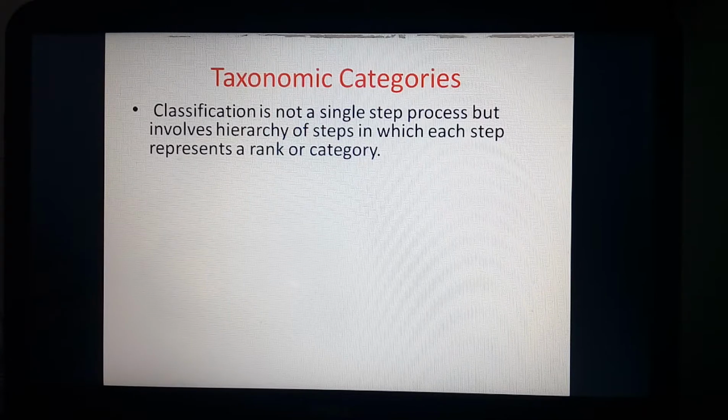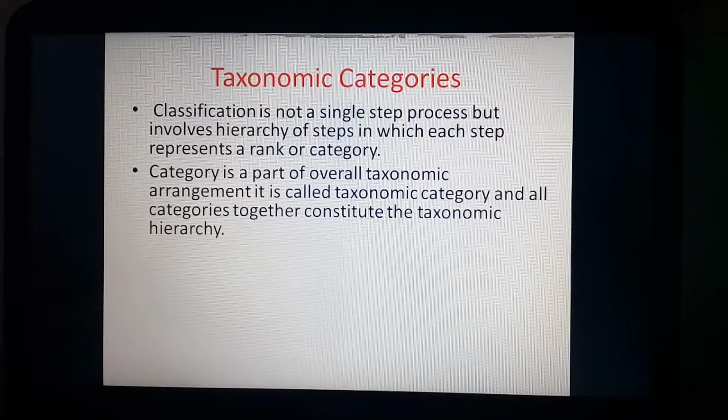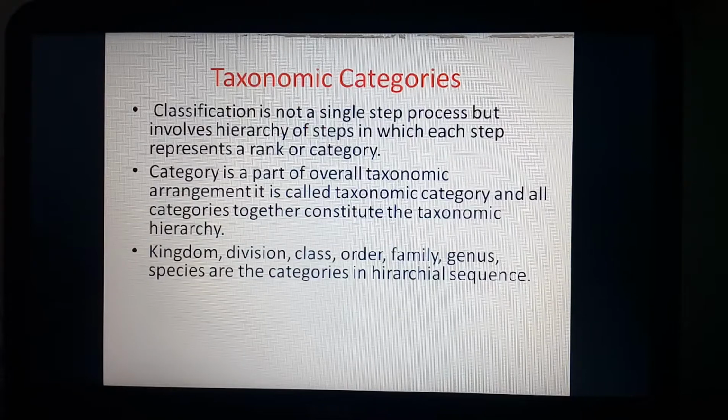It involves a hierarchy of steps, in a stepwise manner, in which each step represents a rank or a category. Each category is a part of the overall taxonomic arrangement. It is called a taxonomic category, and all categories together constitute the taxonomic hierarchy.